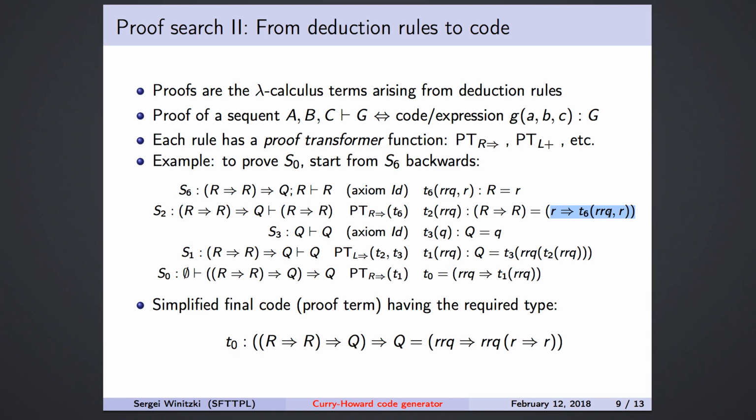So then this expression grows and grows and grows, and basically you get this. T0 is RRQ going to T1 of RRQ, T1 is this, T3 is that, and then just substitute and substitute and substitute and substitute. You get this huge term. And then you simplify it by evaluation symbolically.